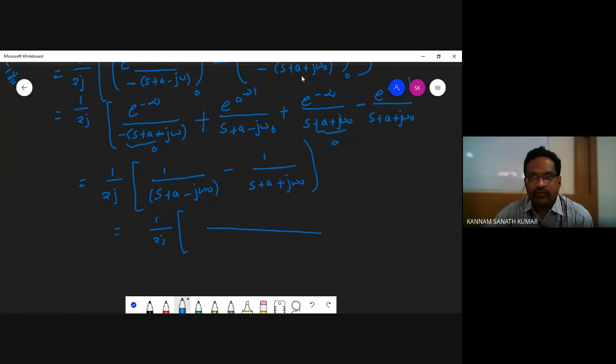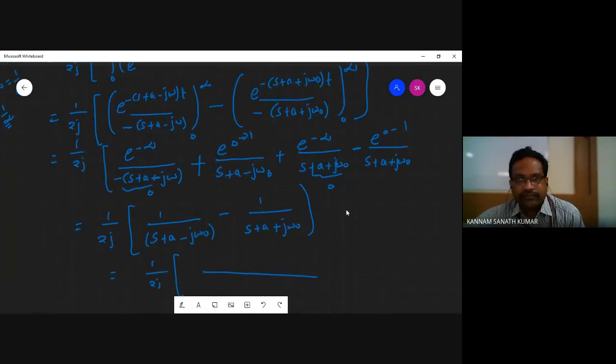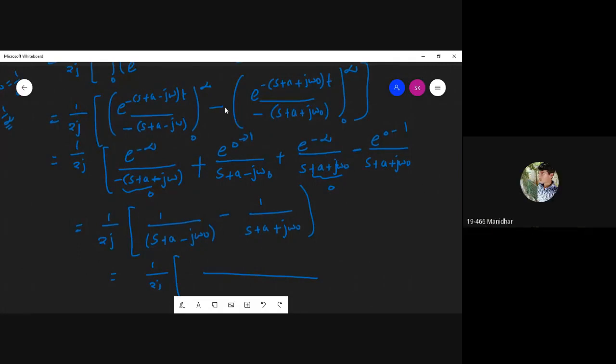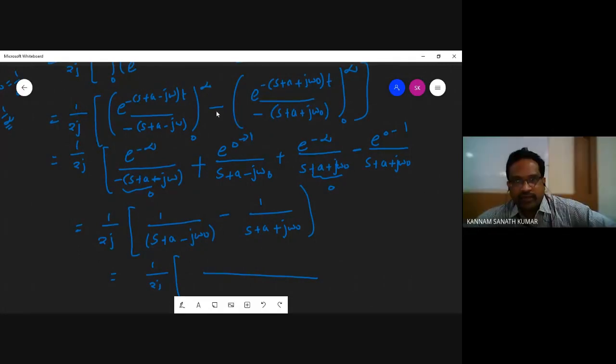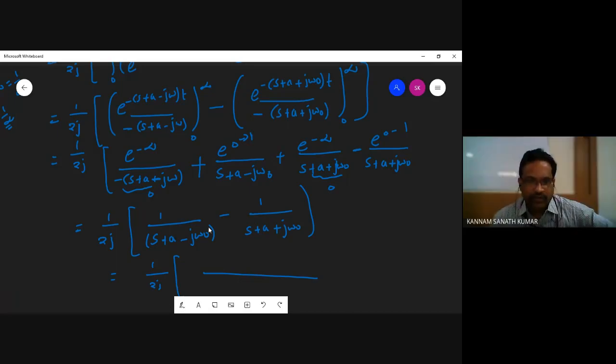Actually here, minus into minus, it becomes plus. Minus into minus is plus. Here minus is there, here minus is there. Okay, got it.